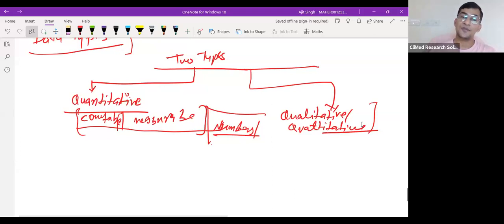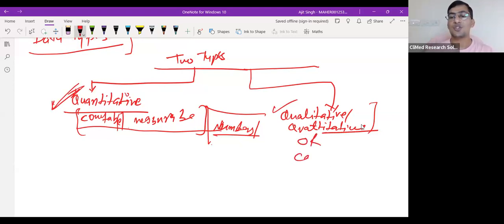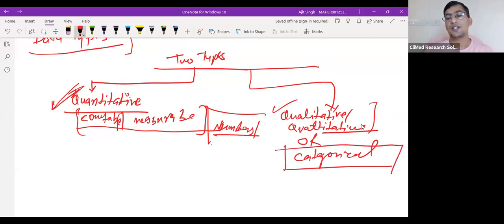In the groups, whatever is there is countable, but the groups are not countable. Categories are not countable directly. So usually we call it quantitative data when there is a quantity that is measurable, and qualitative or categorical data is not measurable.